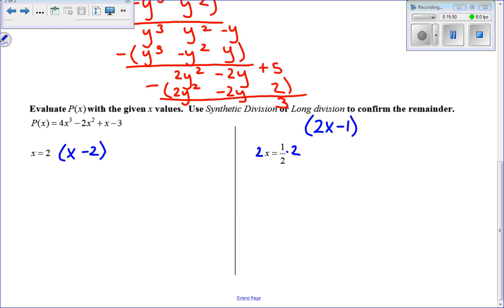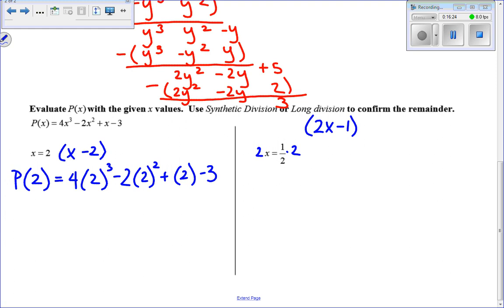Okay, now for the second one, x equals 1/2, I would actually probably use long division because, well, most of you hate fractions. So if you're good with fractions, by all means, go for it. You can do both. Okay, now what it means, it says evaluate p of x with the given x values. So what you're first doing is p of 2 and figuring out what that equals. Okay, so 4 times 2 cubed minus 2 times 2 squared plus 2 minus 3.